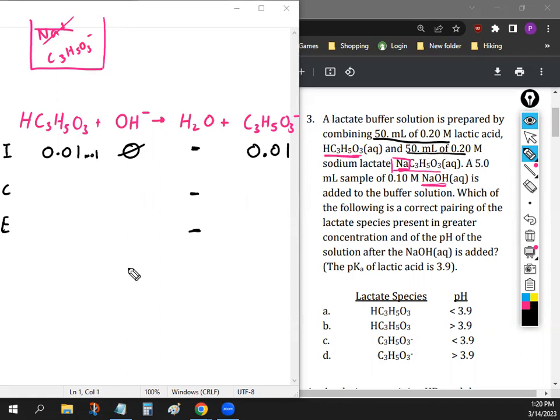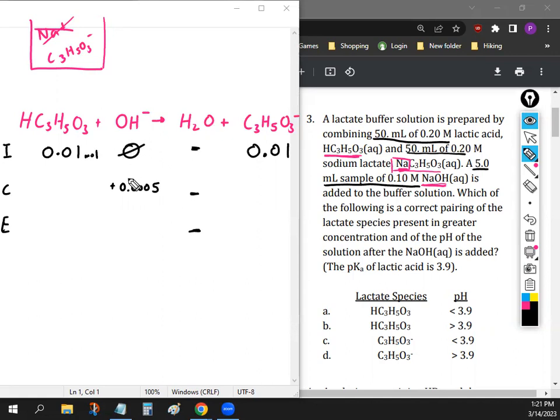Now, for the change, let's talk about what was added. We added 5 mL of 0.1 molarity NaOH, so we're going to be adding 0.0005 moles of OH minus. So far, so good? Now, this came from a strong base.